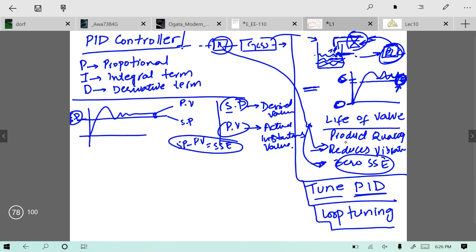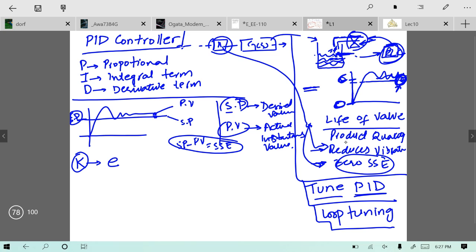So what this proportional term will do: this proportional term is simply a gain factor K, which is directly proportional to the error E. Here the overall error between PV and SP is greater, so this value of K times E will be greater.